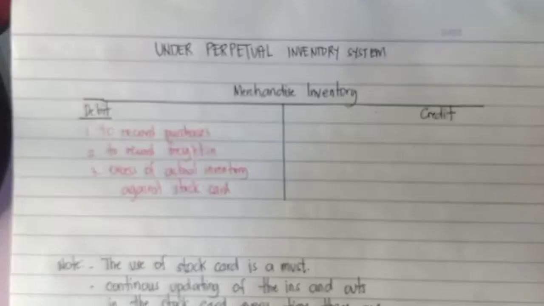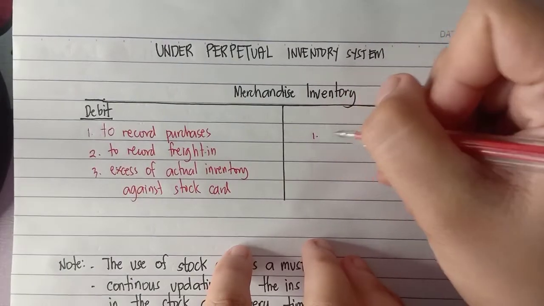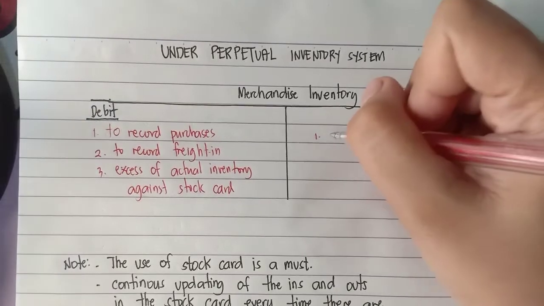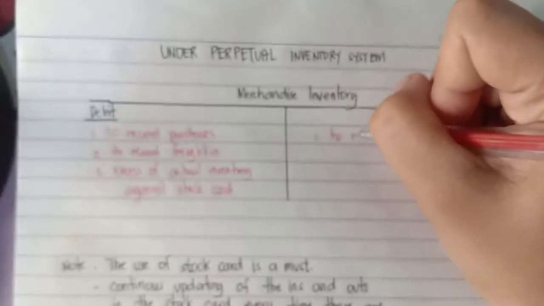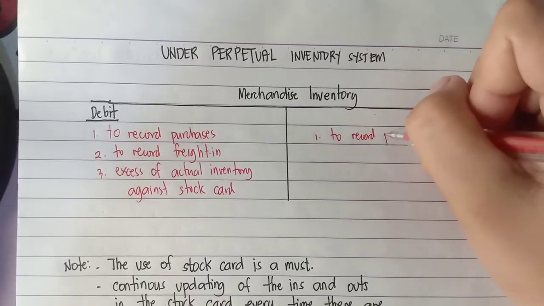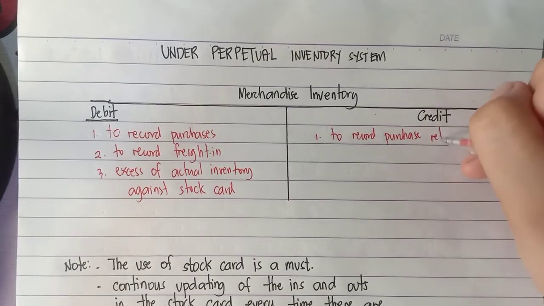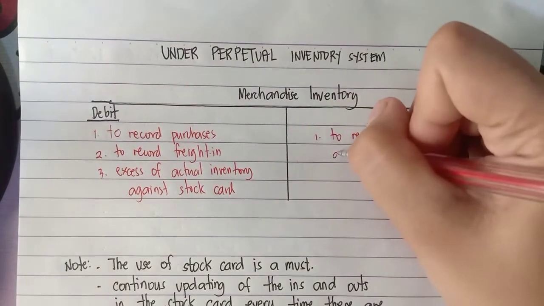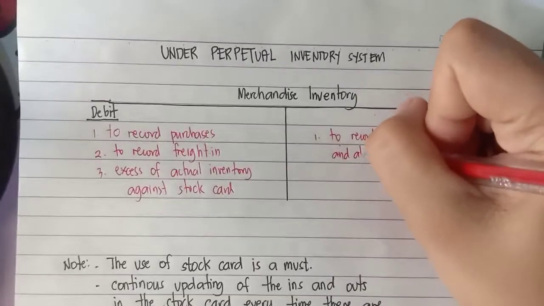Next, on the credit side, we will record merchandise inventory first if it is to record purchase returns and allowances, kapag ibinalik ang nabili.